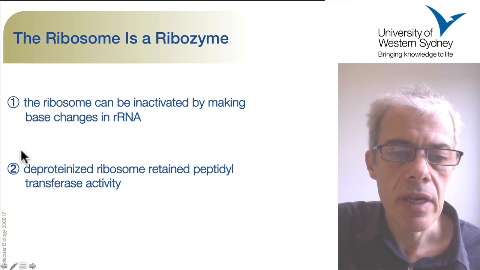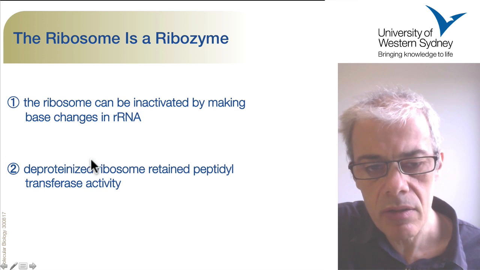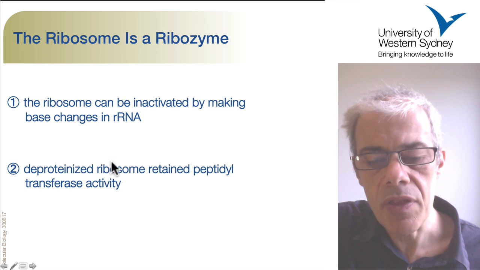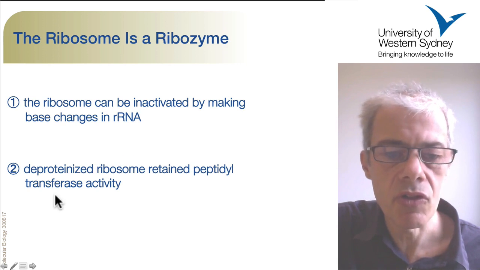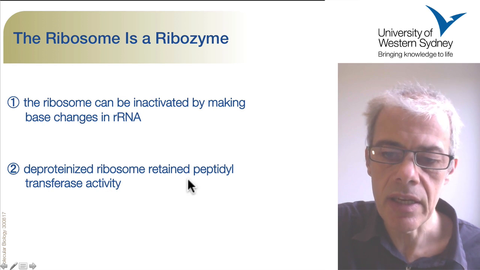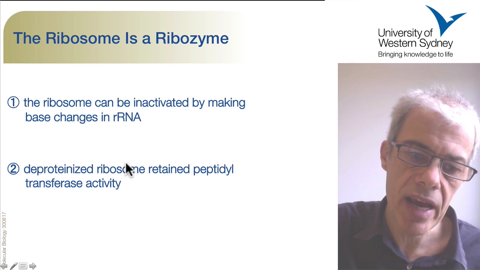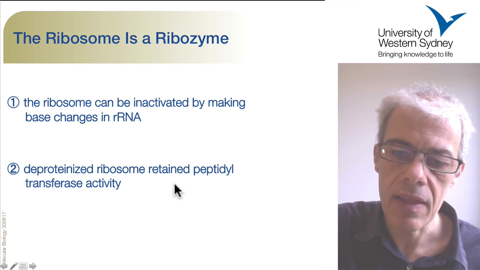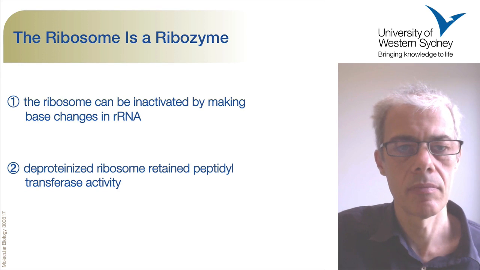And also, if you can break apart ribosomes and deproteinate them, the peptidyl transferase activity, in other words, making the peptide bond, that activity is retained within the RNA in the absence of proteins. So it's the rRNA that's making these peptide bonds.